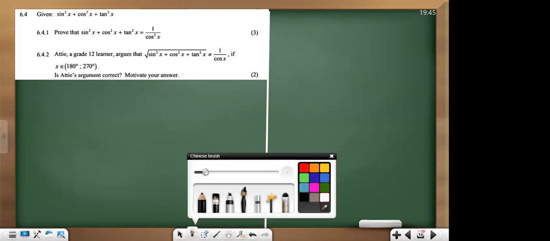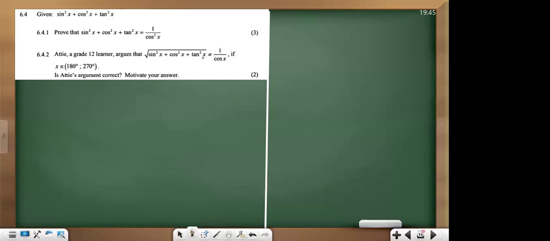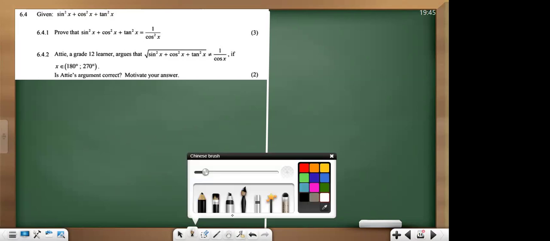We have RT, a learner, who argues that the square root of sine squared x plus cos squared x plus tan squared x is not equal to this. If theta is between 180 and 270, is RT's argument correct? Motivate your answer. Let me show you what they did.